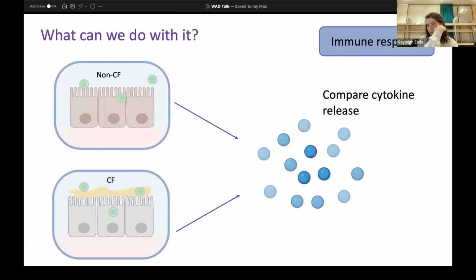So cytokines are basically molecules that are released in response to infection, and they can call other immune cells to the site of infection to deal with the Aspergillus spores. Ones in particular in cystic fibrosis that we would be keen to look at are known as IL-6 and IL-8. They're two important ones in inflammation.